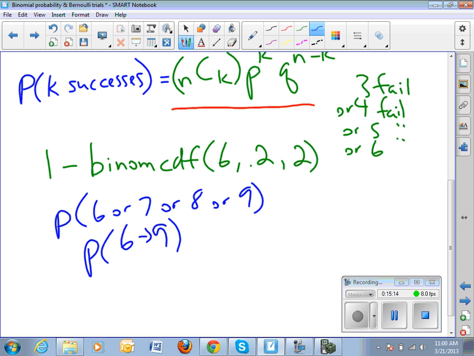All right, so how do we get this probability of 6 through 9 correct answers? We know the individual probability is 0.5 if he's just guessing. The number of trials is 9.